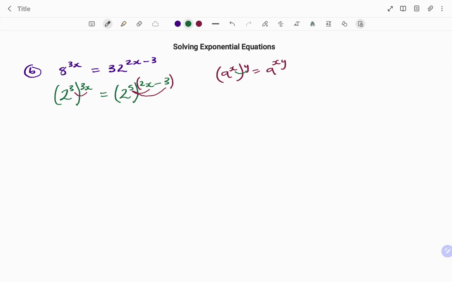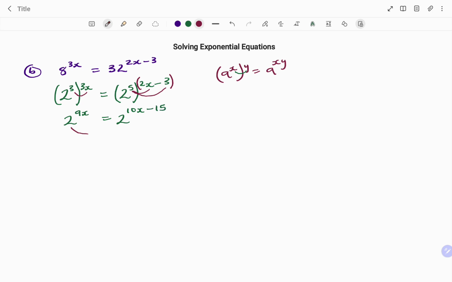So simplifying, we have 2 to the power of 9x equals 2 to the power of 5 times 2x, that's 10x, and 5 times minus 3, that's minus 15.